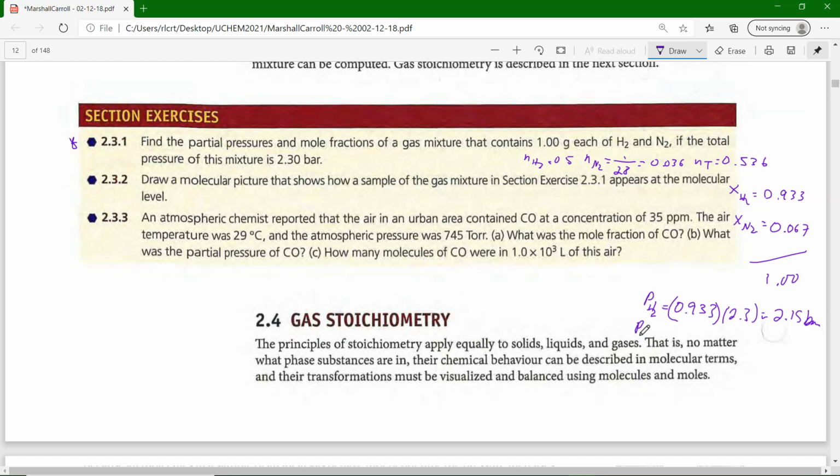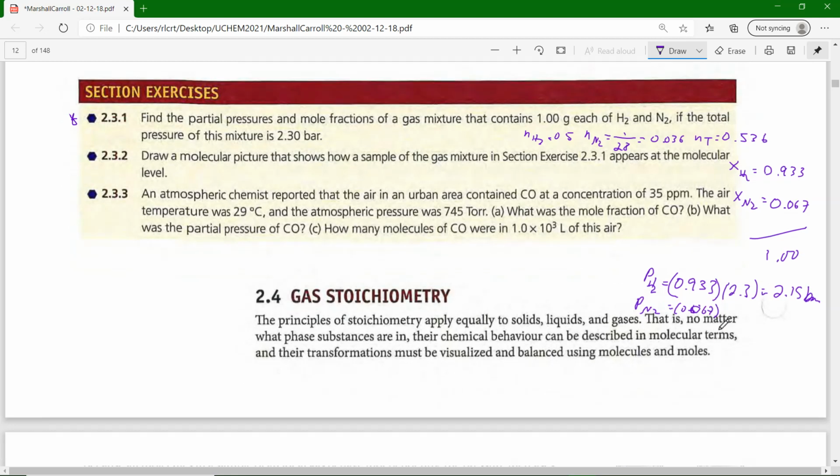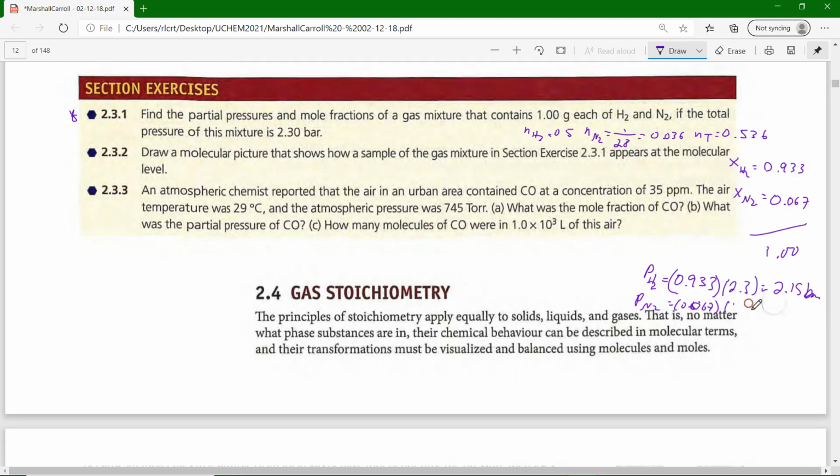And the mole fraction of nitrogen is, well, we know that, 0.067. 0.067 times the total pressure, 2.3. 0.067 times 2.3, which is 0.15 bar. So the total pressure is 2.15 plus 0.15, 2.3 bar.